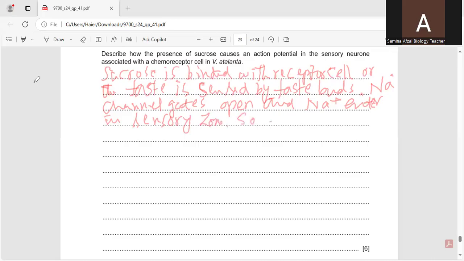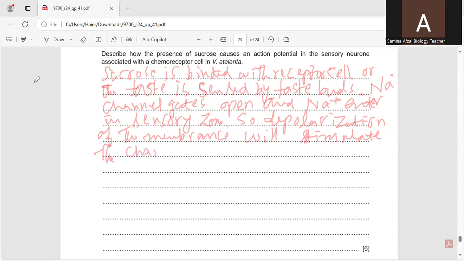So the depolarization of the membrane will stimulate the channel proteins to open for calcium ions.